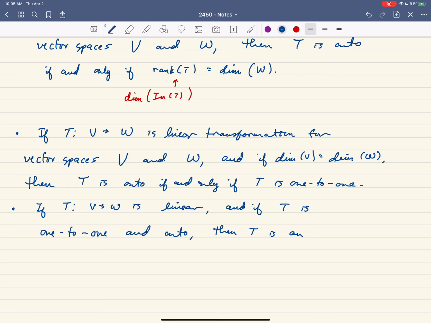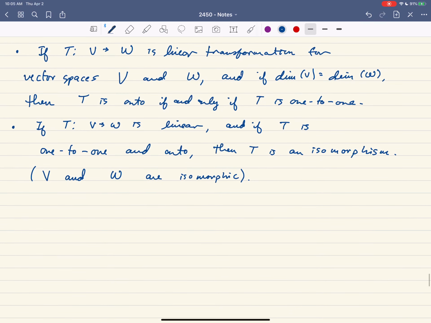T is called an isomorphism. Isomorphism, kind of, they have the same shape. That's really what that's trying to say. So then T is what's called an isomorphism. We could also say that V and W are isomorphic. Okay, so again, just meaning that they have the same shape.